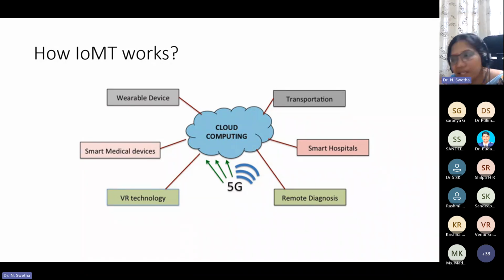XR Health has designed some VR technology, spectacles and a headset, so that they can reduce the stress of patients. This started during COVID time, when people were quarantined for weeks together, so they had to reduce the stress for them.